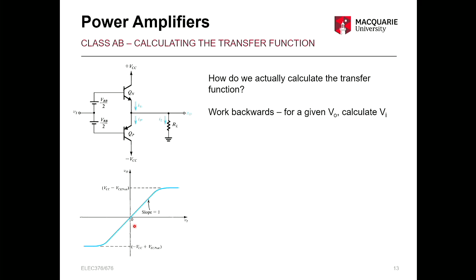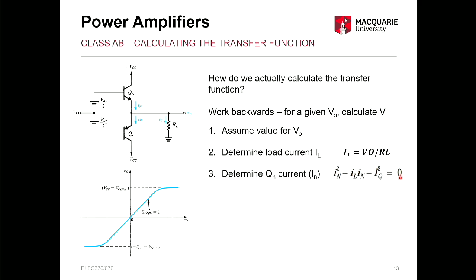So to step you through that, first assume any value for V out. Maybe in a question you're given that, or you can just start with, let's say, 1 volt, whatever you want, to get your first point on that curve. Then determine your load current, IL. That's pretty straightforward: V out divided by your load resistor.